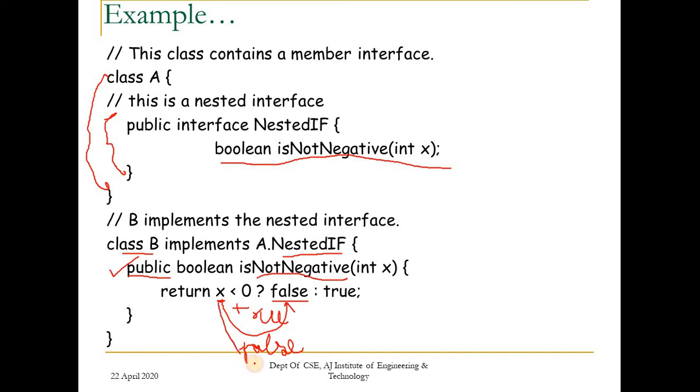If x is less than 0 is false, it returns the value after the colon. So if the x value is less than 0, it will return false. If the x value is greater than or equal to 0, that is, if this condition is false, it is going to return true. So this is about the function isNotNegative.